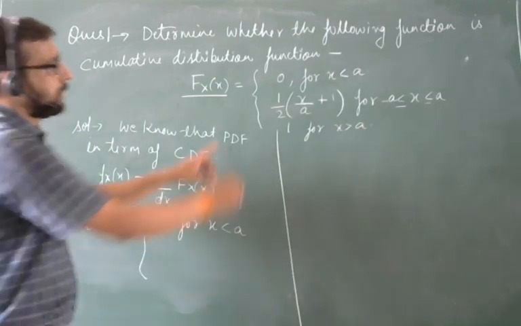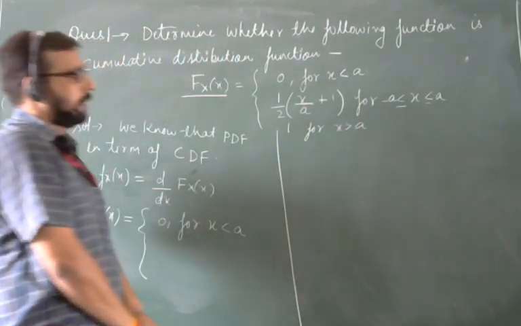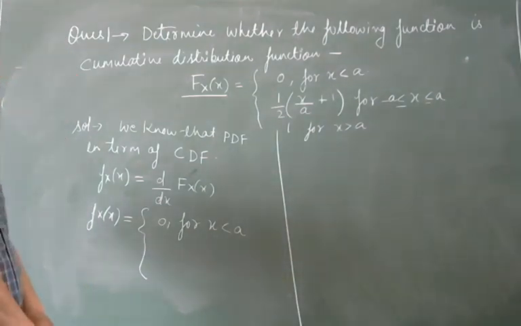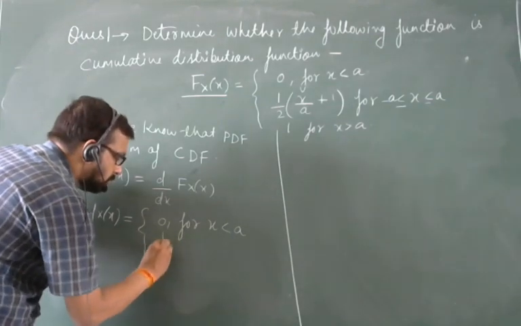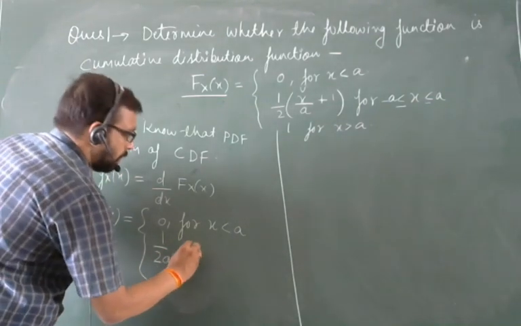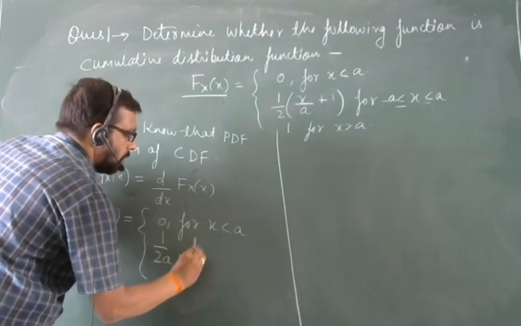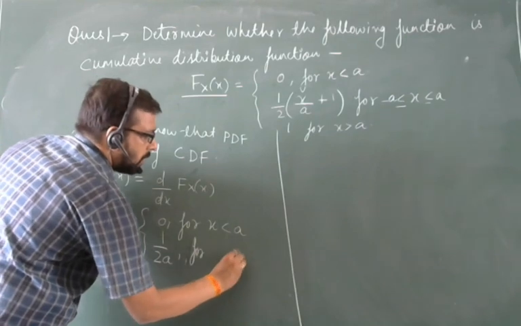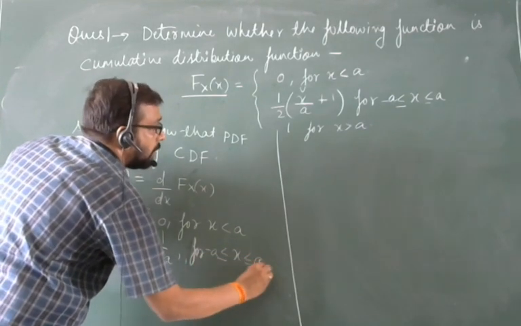And if you differentiate this term with respect to x, we get 1 upon 2a for x greater than or equal to minus a and less than or equal to a.